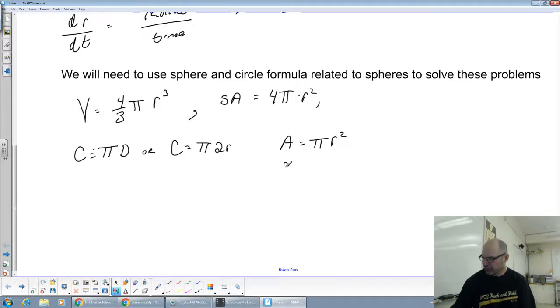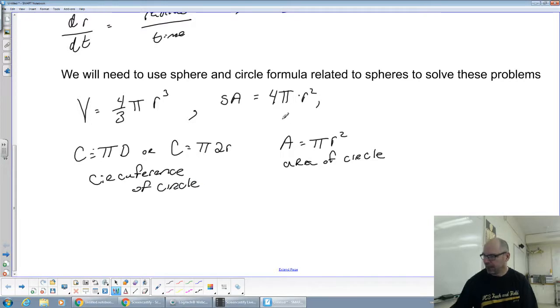So the area of a circle, circumference of the circle, okay, and this is the surface area of a sphere.